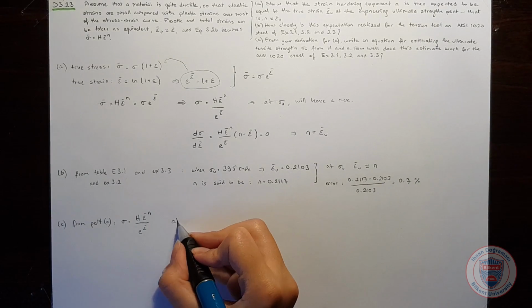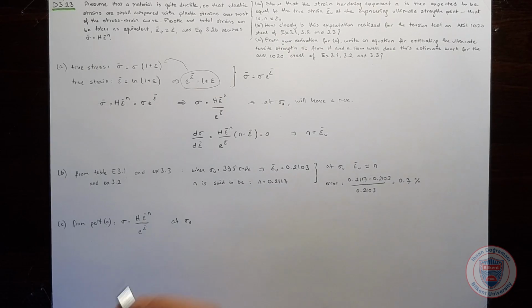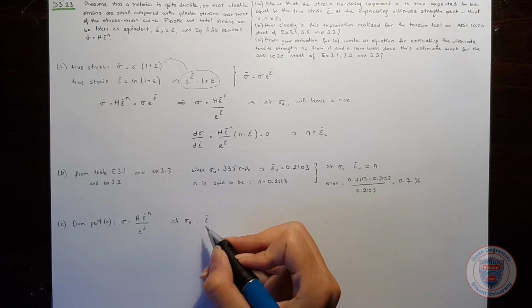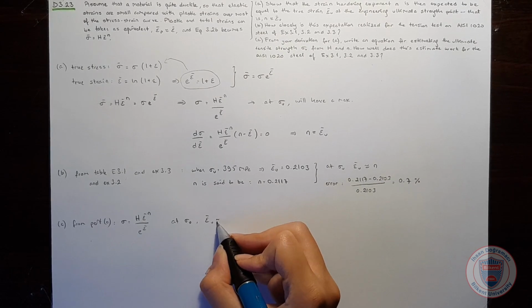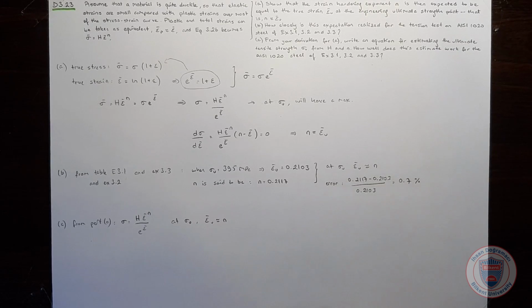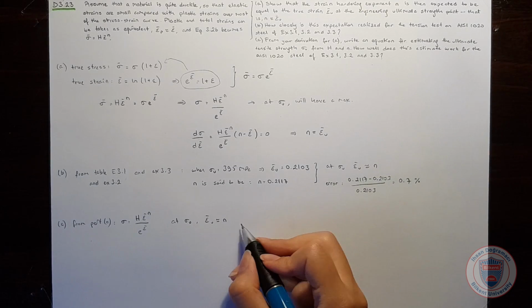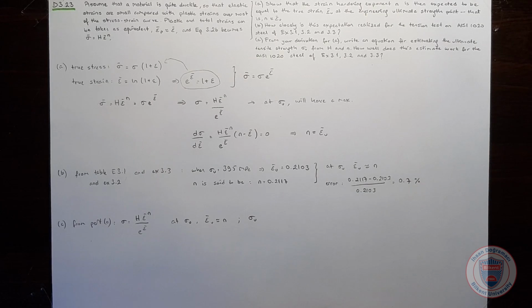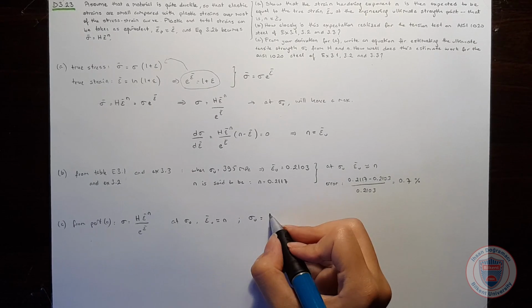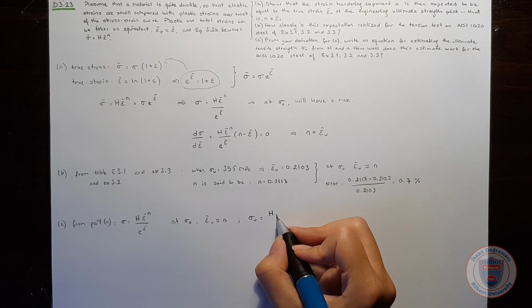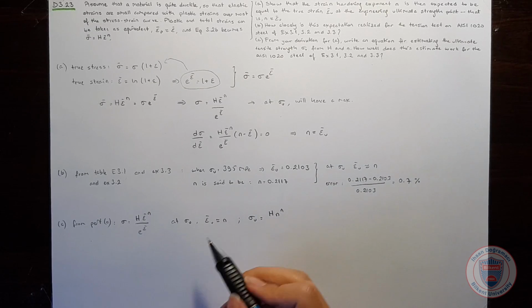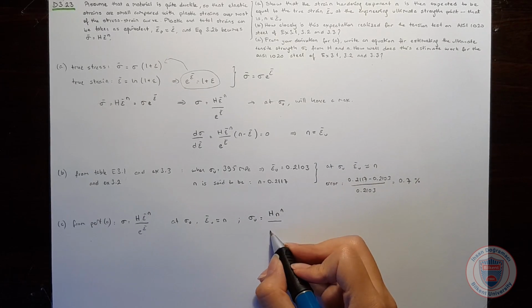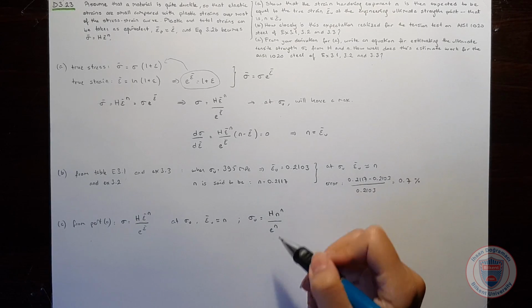And we also say that at ultimate stress point, the true strain is almost equal to strain hardening exponent, which will give the ultimate strength is equal to H times N to the power of N. We can write N instead of the true strain, and it will be again over E times E to the power of N.